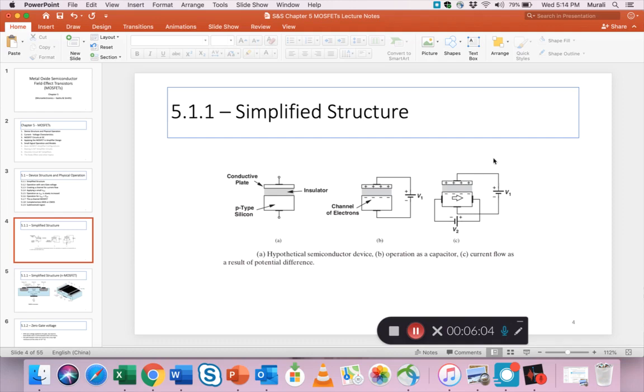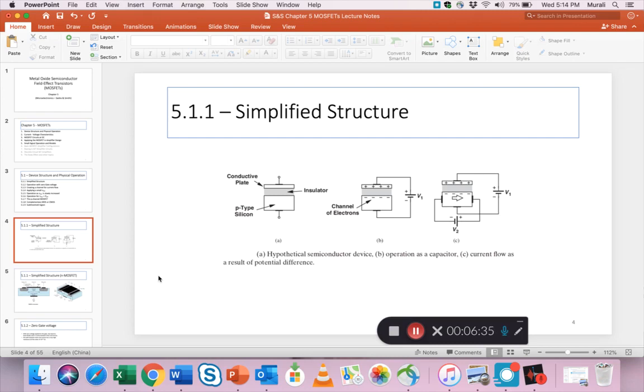So starting with the picture to the left, label A, if you take an insulating material, which is what you see in the top middle there, and put a conducting plate on the top, and a p-type silicon on the bottom, you've got all three: insulation, conductor, and semiconductor.